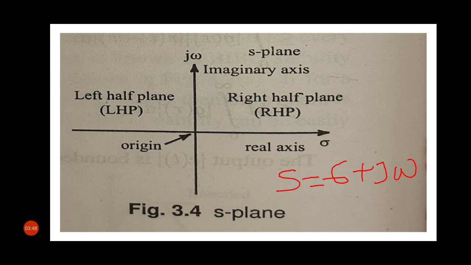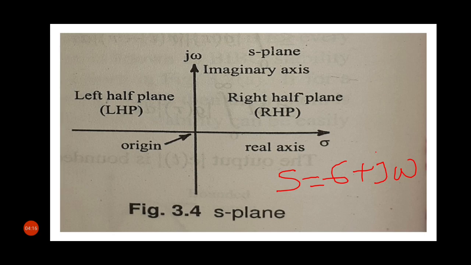See this graph. The horizontal axis of the S-plane is known as the real axis since omega = 0 for all points on this axis, and therefore the real axis is s = sigma.